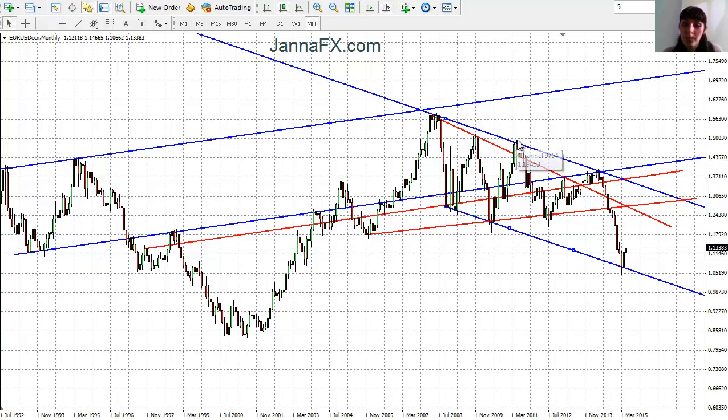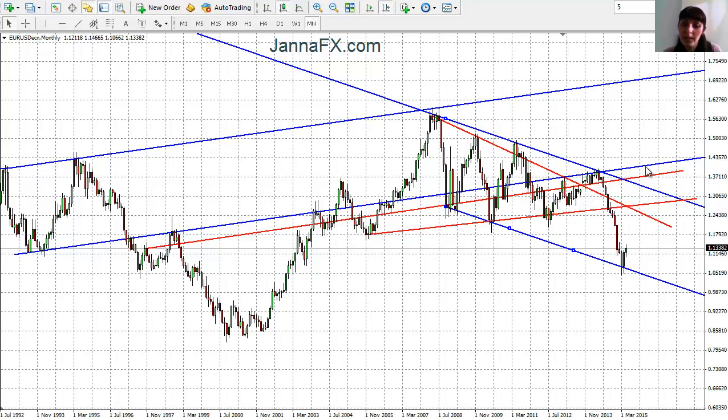We can see that from this level it went down to this level. We still have all of these lines, like this level. You can see even the next reverse, the next correction stopped here too. It was this level and it crossed here and it stopped right here, and then it went down and continued breaking all this and it stopped around here.